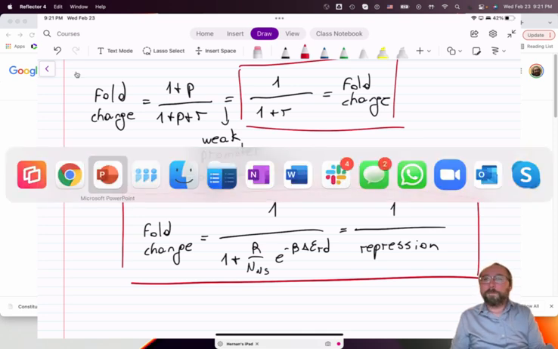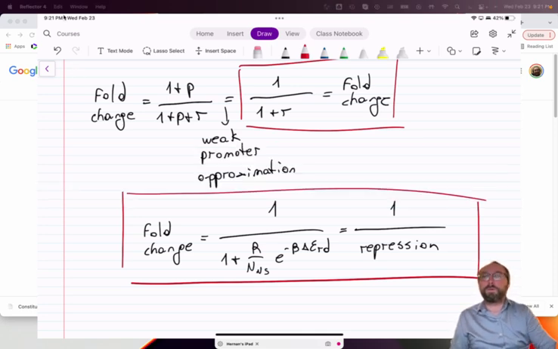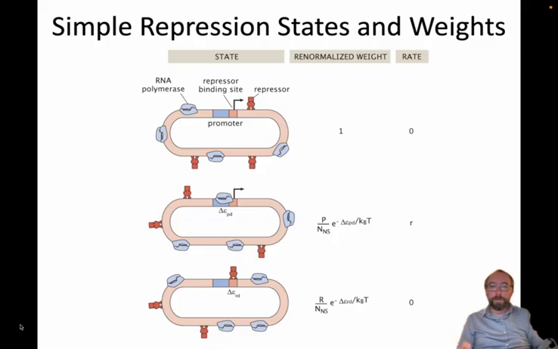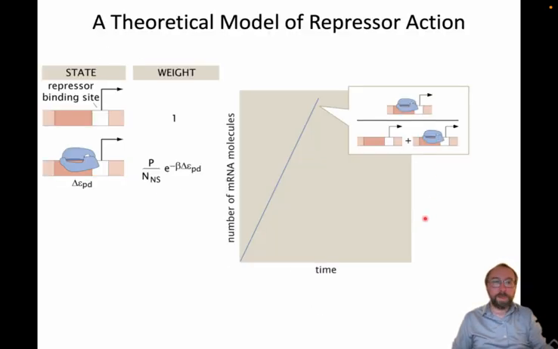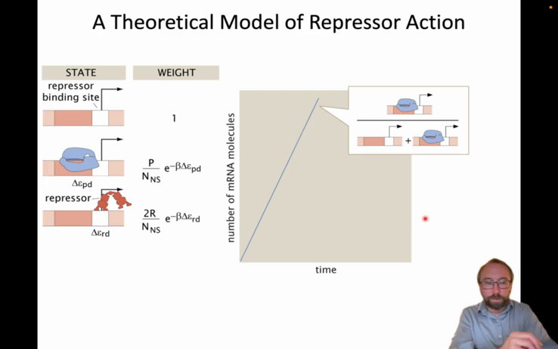Okay. So let me just recap a little bit. We used the statistical mechanics protocol to come up with the Boltzmann weights, or the renormalized weights, corresponding to each one of these states. Here I have this extra column, if you remember from the previous lecture, where we're saying that the promoter empty state and the repressor occupied state don't produce any RNAs, but the polymerase bound state does produce some RNA. Basically, if this was the model in the constitutive promoter, what is happening when you have the repressor is that you get an extra state, and ignore the fact that you have two heads and a factor of 2 here.